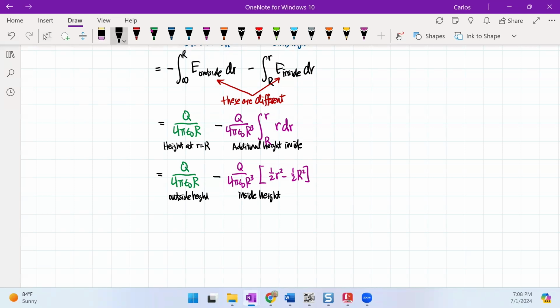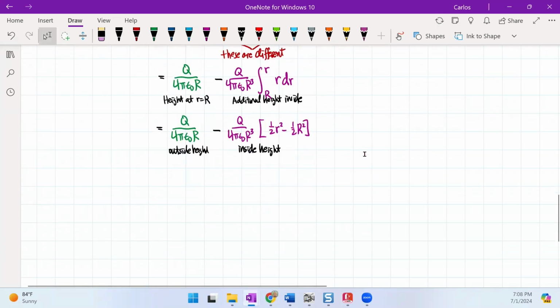So when I put this all together, here's what I'm going to look at. If I write this all and clean this up a little bit, I'm going to separate this out into two terms. The first term is the outside height, which we just talked about.